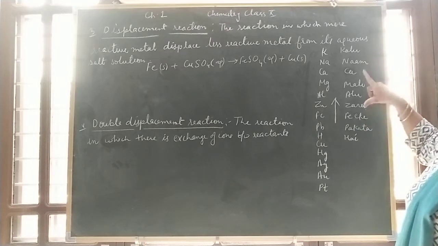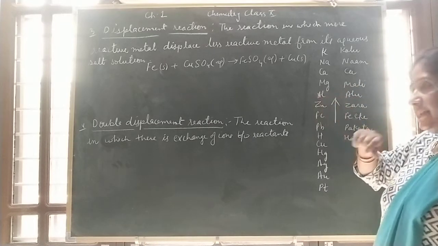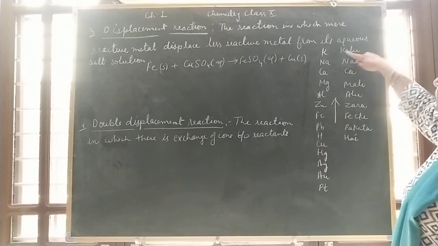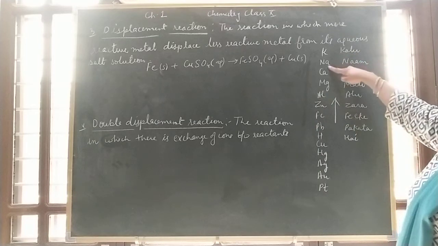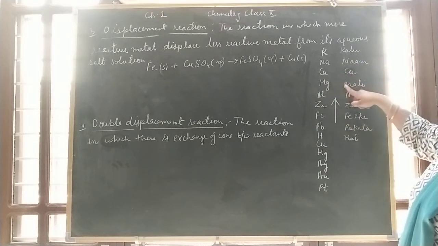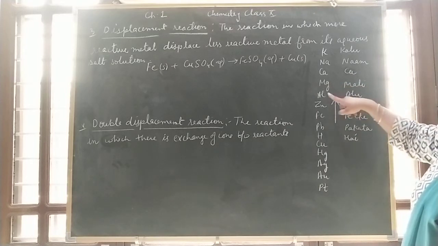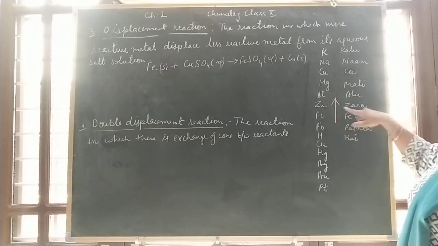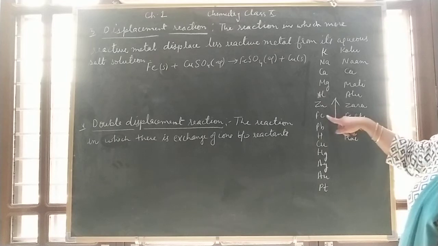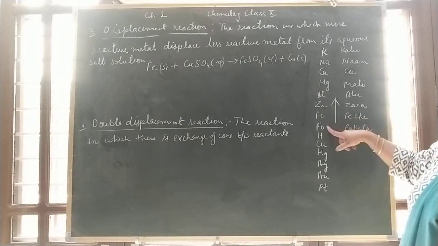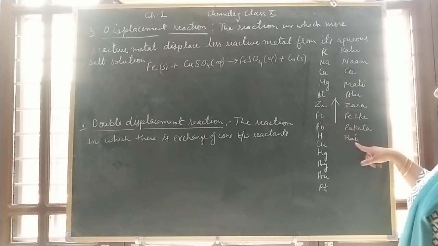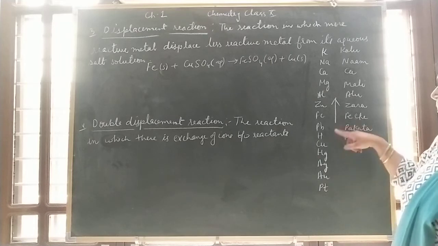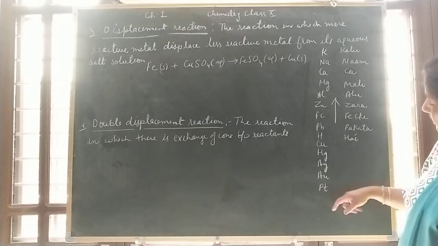With the help of this, you will be able to learn it easily. Look here, कालू means K, नाम का Ca, माली magnesium, आलू aluminium, जरा zinc, फीके Fe, पकाता Pb, हाइड्रोजन के लिए है.